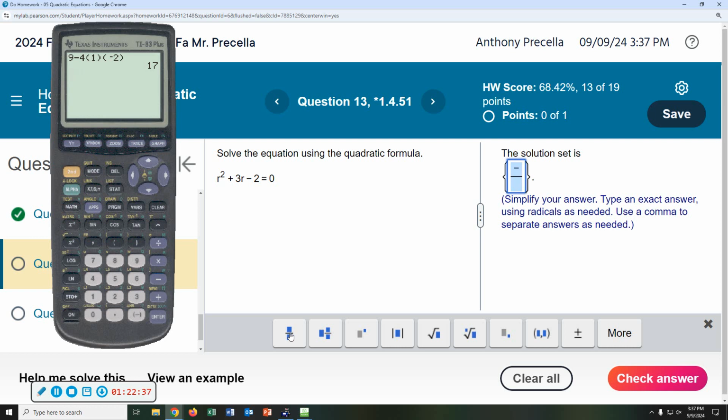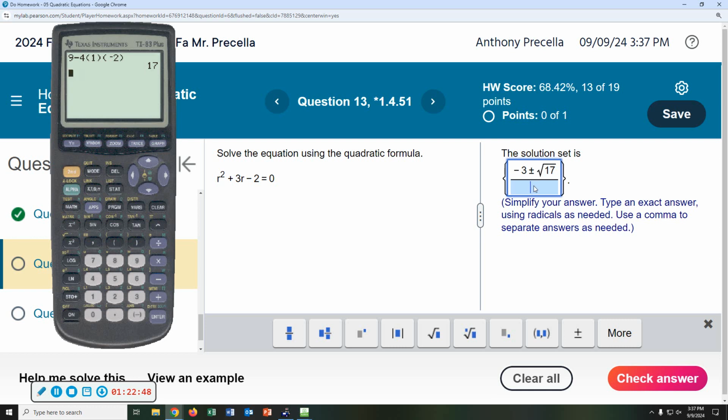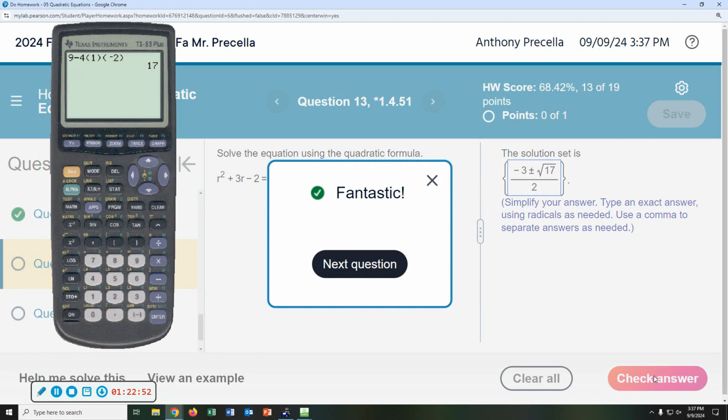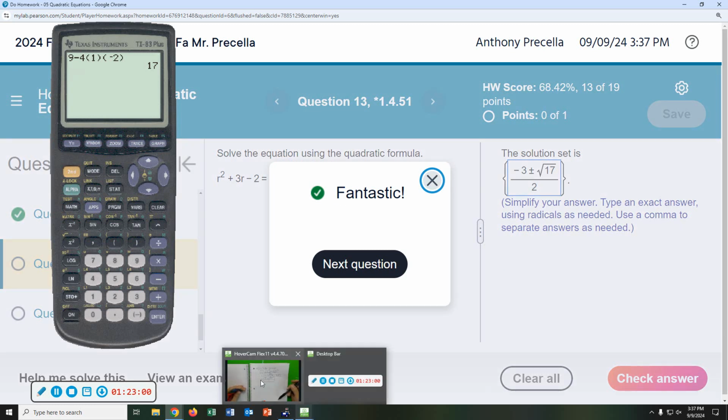I have a negative 3 plus or minus the square root of 17 on top, and on the bottom, I have a 2. Any problem? Any questions there?